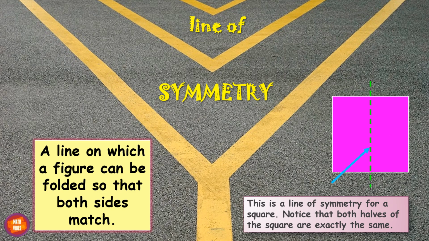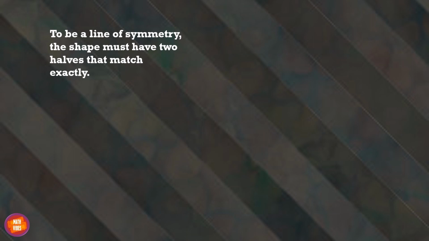Alright. So to be a line of symmetry, the shape must have two halves that match exactly. If I want the line of symmetry of a figure, both halves of that figure should match each other exactly, right? They should match each other exactly.